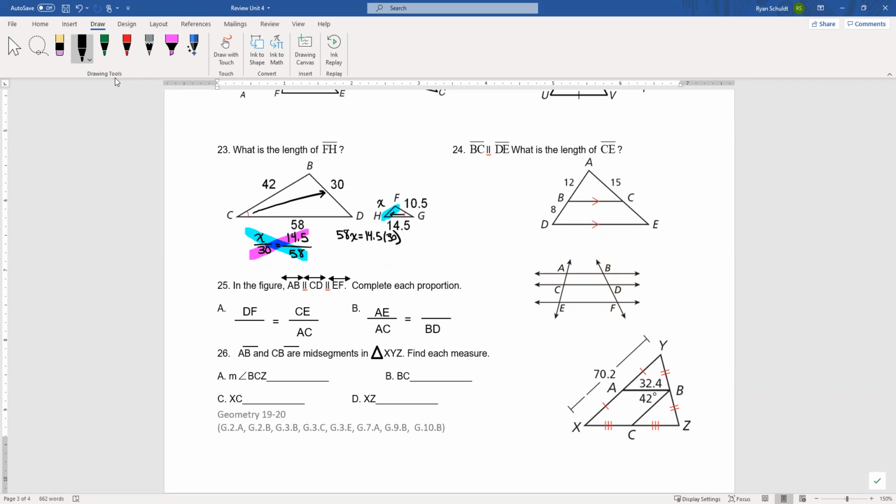Well, let's see, what is 14.5 times 30? It's going to be 435. So 58x equals 435.